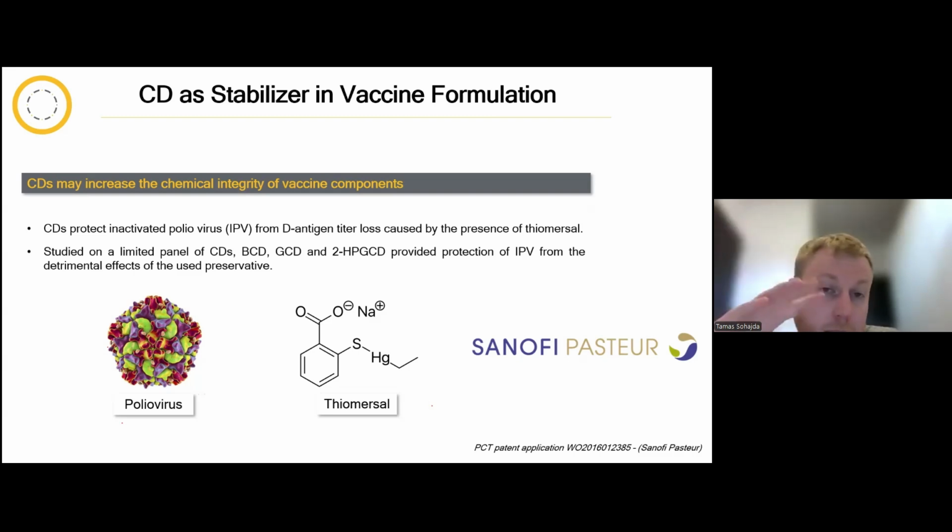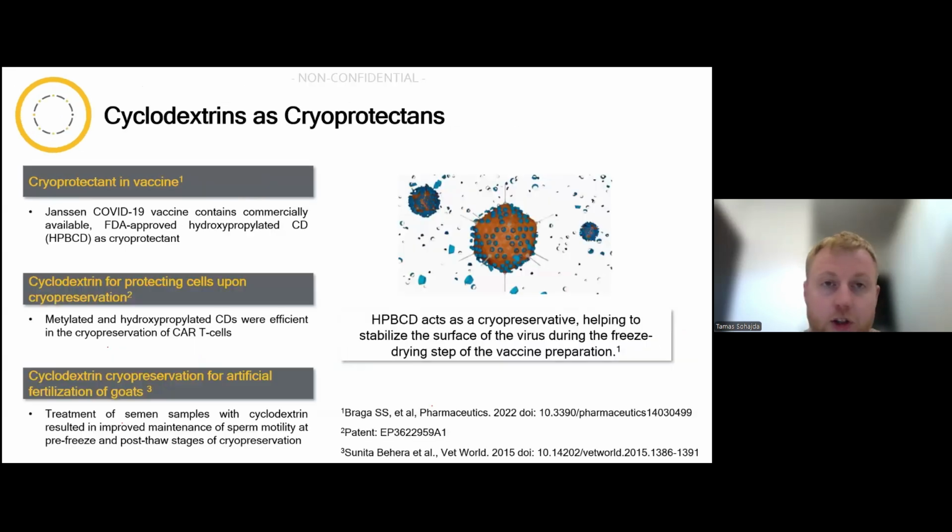It could also help in removing the use of preservatives. So they could develop a preservative-free and more stable product with the help of cyclodextrin, which is a nice success story. So this is again another application.